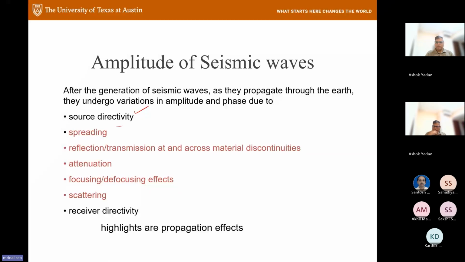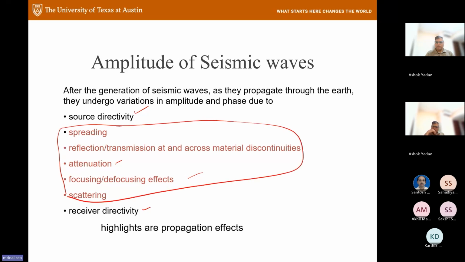Then due to lateral heterogeneity, you can have focusing and defocusing, scattering, and also receiver directivity, if it's a horizontal geophone or a vertical geophone. So these are the propagation effects, and these two are essentially from the instrument.